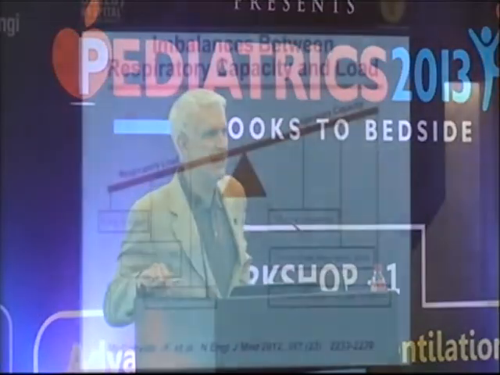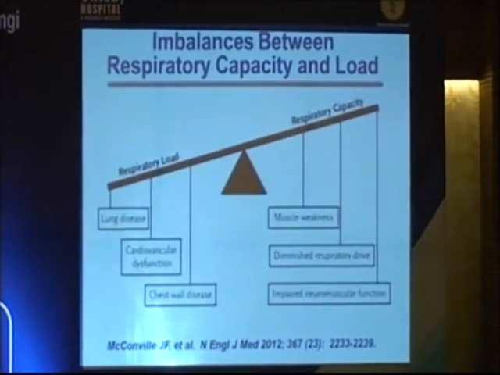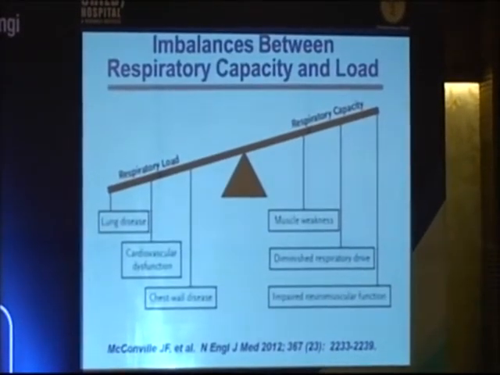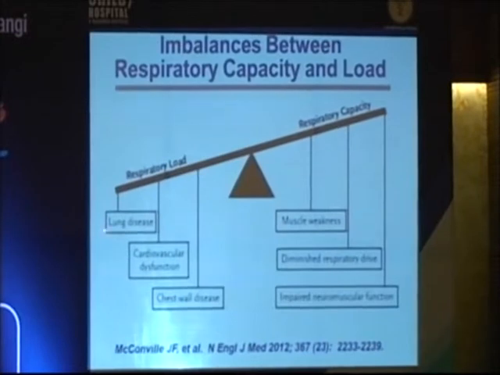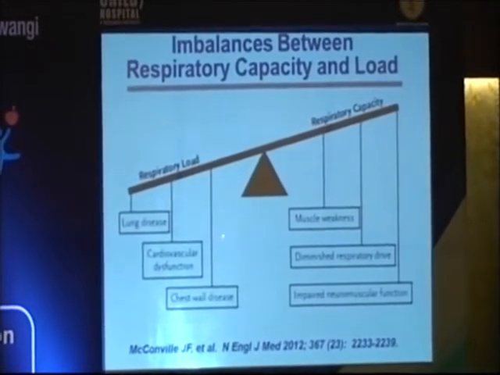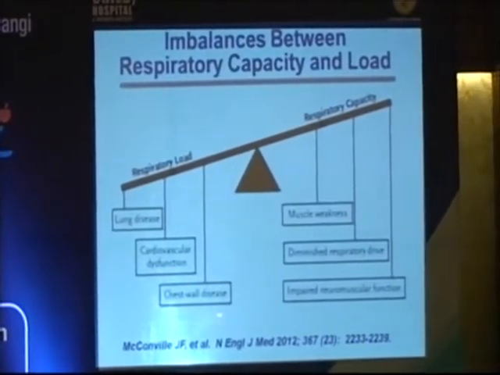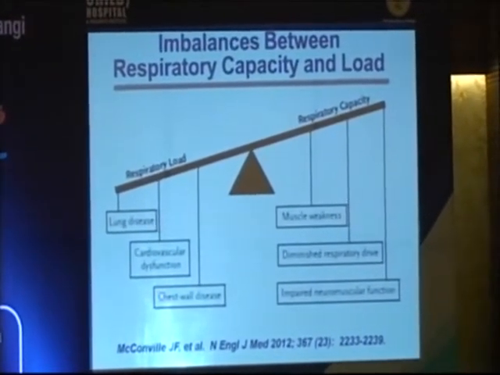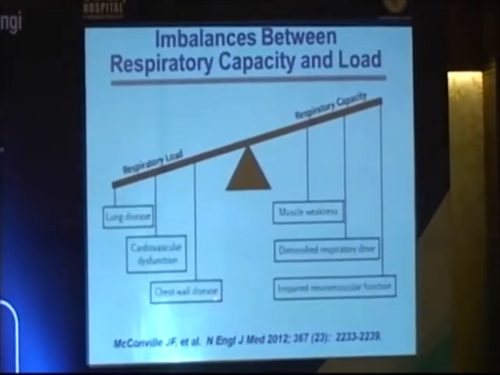Okay. So in thinking about this, there's two major things that you might consider. One is issues related to respiratory load, and these are things that are related to the lung disease itself, things external to the lungs, particularly the heart and how it's working, the chest wall, and usually this relates to how much chest wall edema is present.